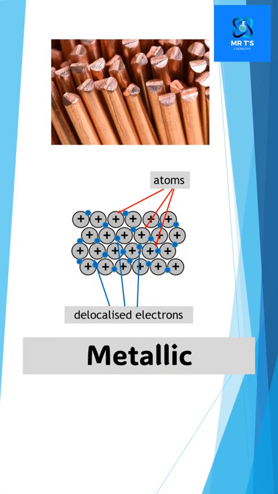This is a metallic substance because it is made up of individual metal atoms with the electrons delocalized, and because of that, the delocalized electrons and the nuclei of the atoms can form strong electrostatic or metallic attractions.